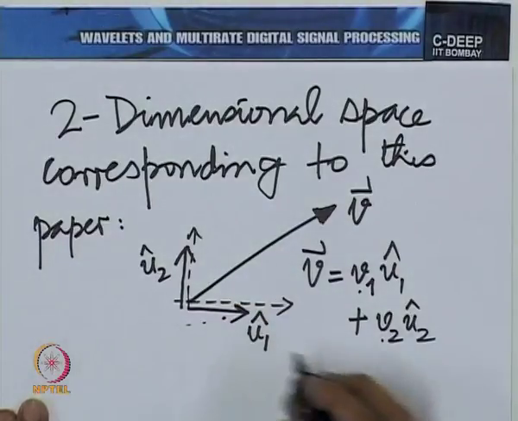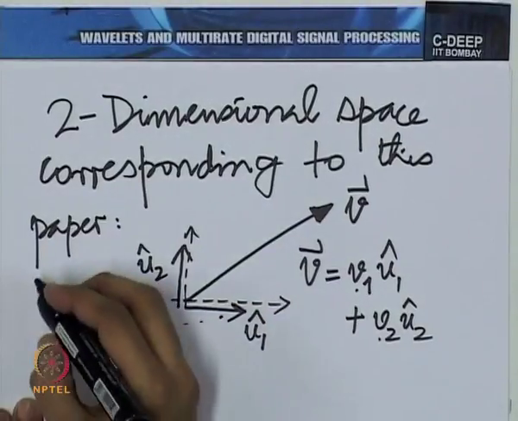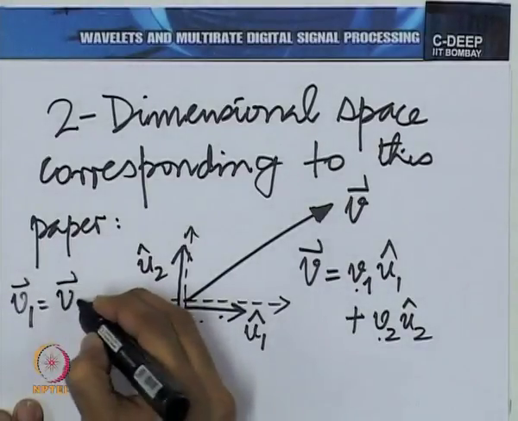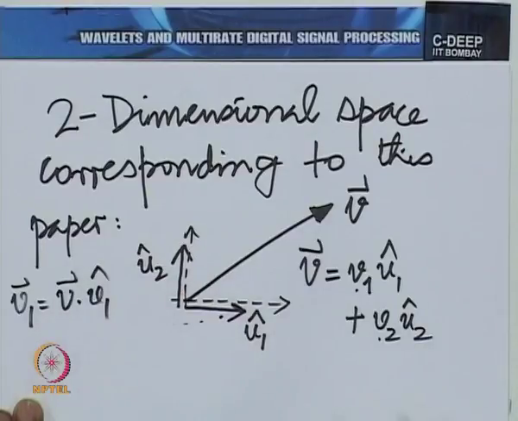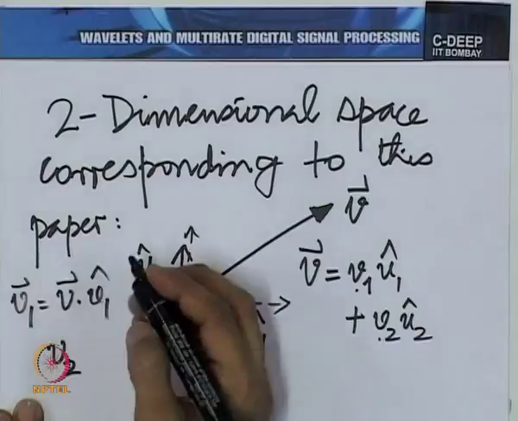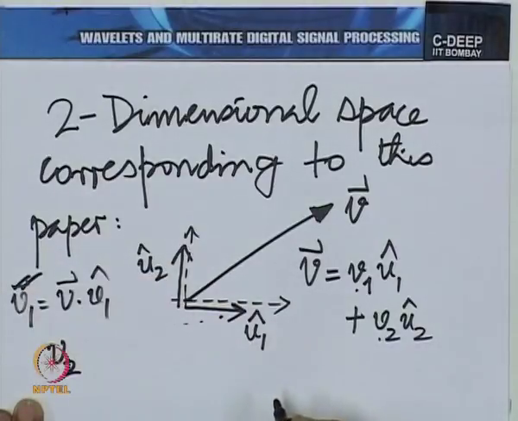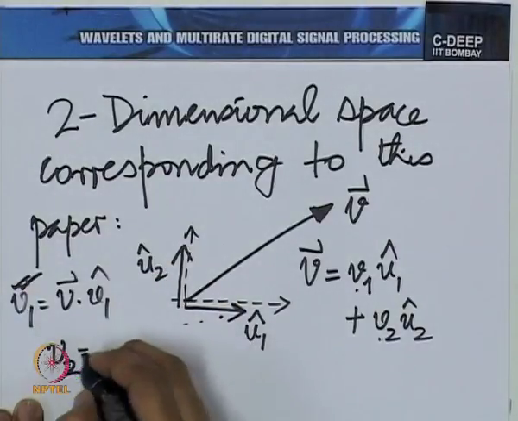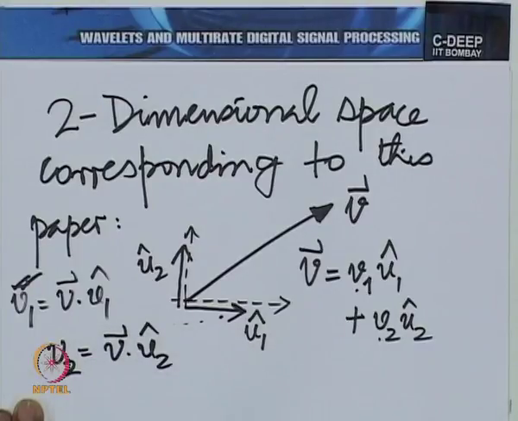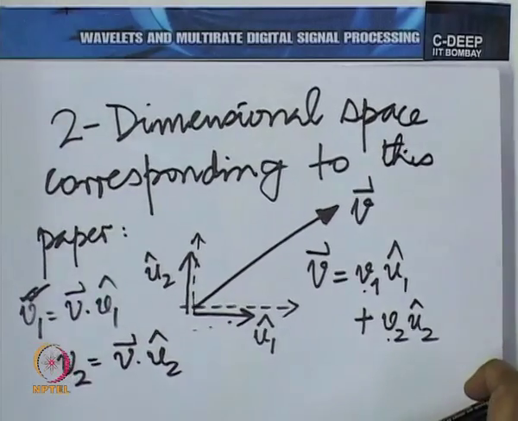So, in the sense of dot products, v 1 is indeed v dot u 1 cap, and v 2, I mean v 1 as a coordinate, not as a vector, v 2 as a coordinate is the dot product of v with u 2 cap, simple enough. Such a simple relationship does not exist in this context.